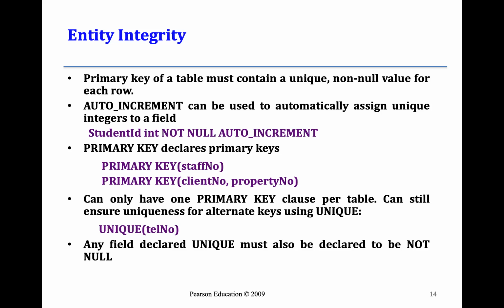Remember, when you insert, it can be hard to select a unique key. So one easy way is if the primary key is an integer and you declare it as auto increment, then MySQL will always keep track of the last ID assigned. When you insert a new tuple, it will add 1 to the previous ID and assign that as the new ID. So that's entity integrity.